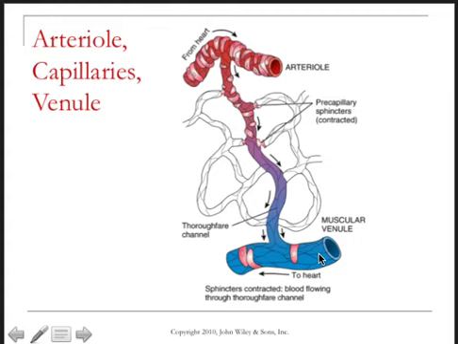Basically, when the capillary beds are wide open, that's going to result in a drop in local blood pressure, whereas if the capillary beds are shut off because these sphincters are closed, you're going to have an increase in the blood pressure in that area. Essentially, the larger the container becomes for the fluid that's in it, the lower the pressure is going to be.